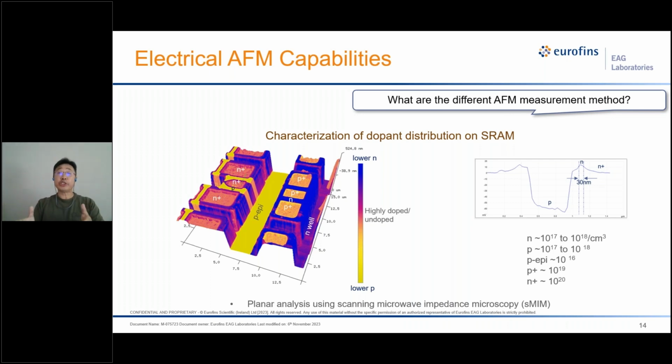The blue to yellowish represent doping levels ranging from 10^17 to 10^20 dopant concentration. The right side is the doping distribution line profile drawn across the dashed green line in the dopant distribution image. You can see a slight bump in the line shape, which corresponds to a 30 nanometer narrow region doped N-type to around 10^17 dopant concentration.